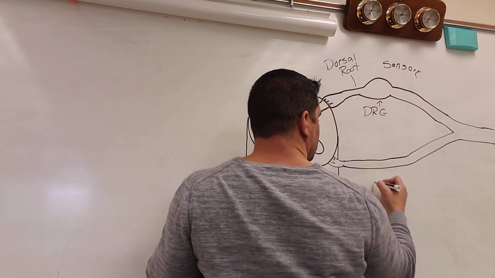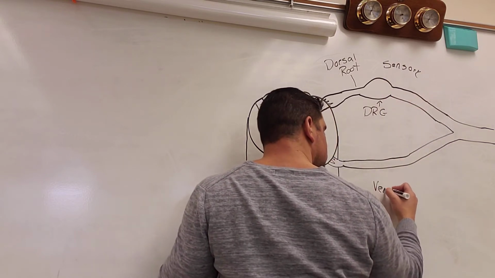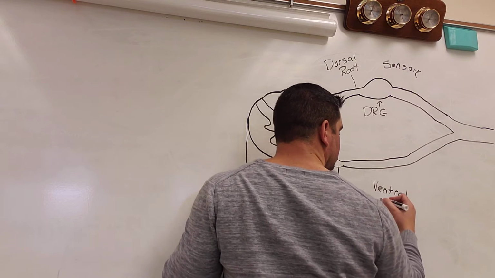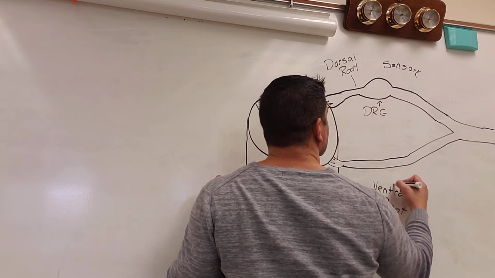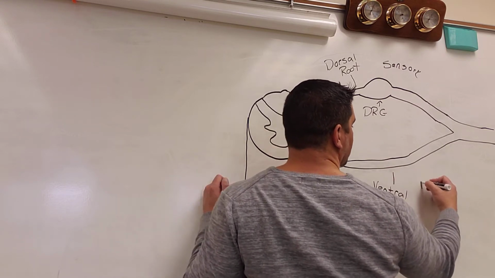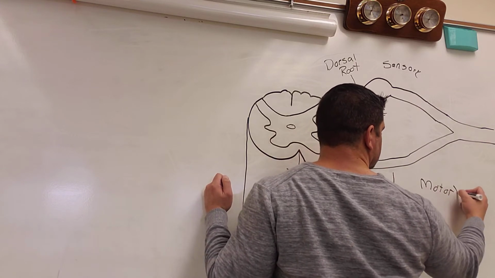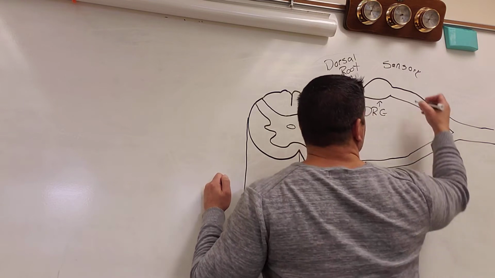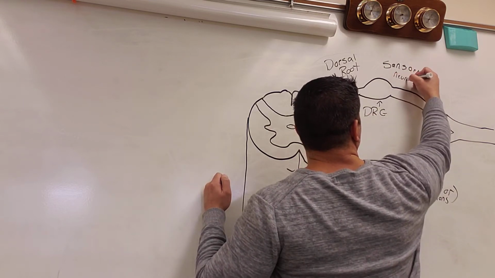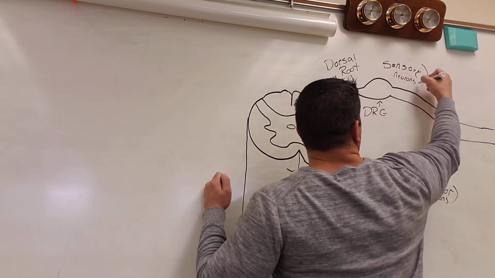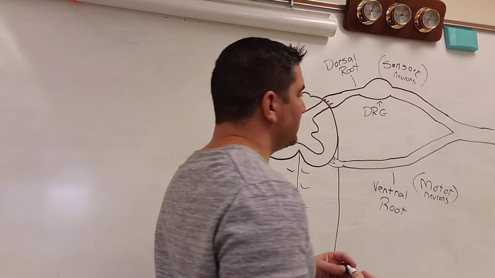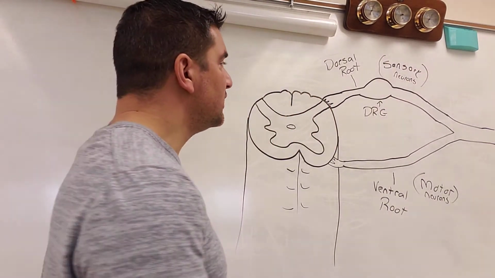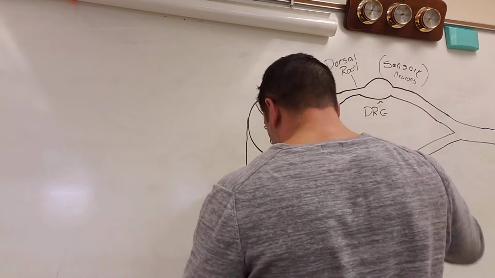And this is the ventral root. Okay, and this is motor. These are motor neurons, sensory neurons. Okay, so let's go back to some basics here real quick. We've got our sensory structures here, we've got our motor structures here.